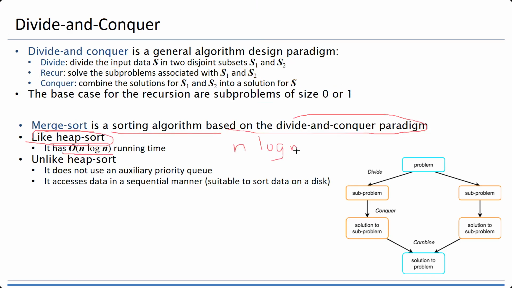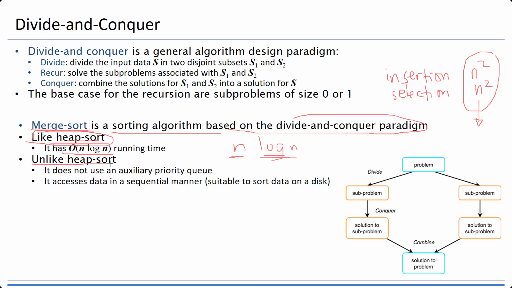If you look at the previous sorting, we have the insertion sort and the selection sort. The insertion sort and the selection sort run in n squared. So we want to find more algorithms that work better than n squared. Heap sort can work in n log n, and merge sort can also work in n log n. So we will take a look at the details.